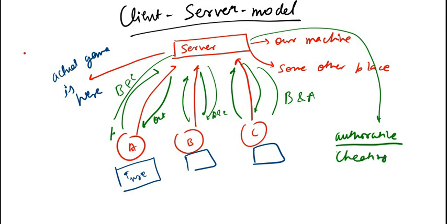Suppose in this case A decides to give some faulty or fake input. Then the server will check if this input is valid or not. Then it will just reject the input or penalize client A by kicking him out or doing something like that. So the game will be happening like this.